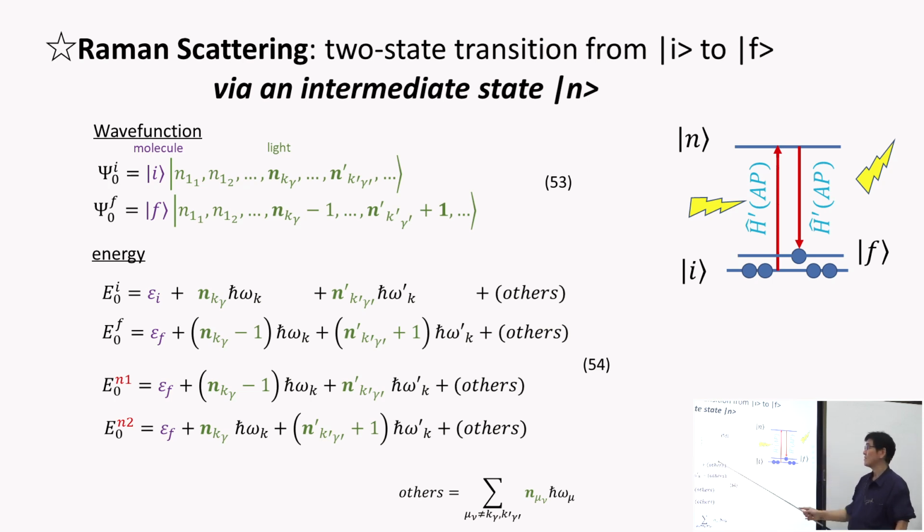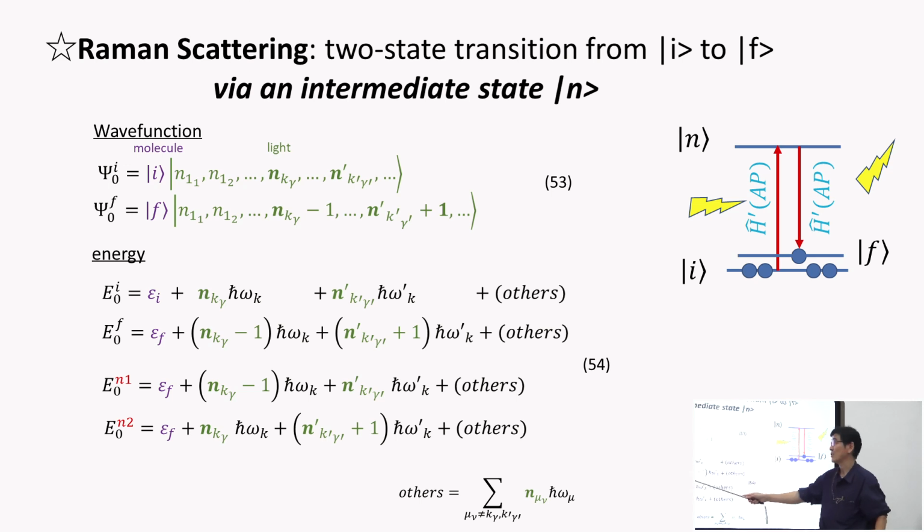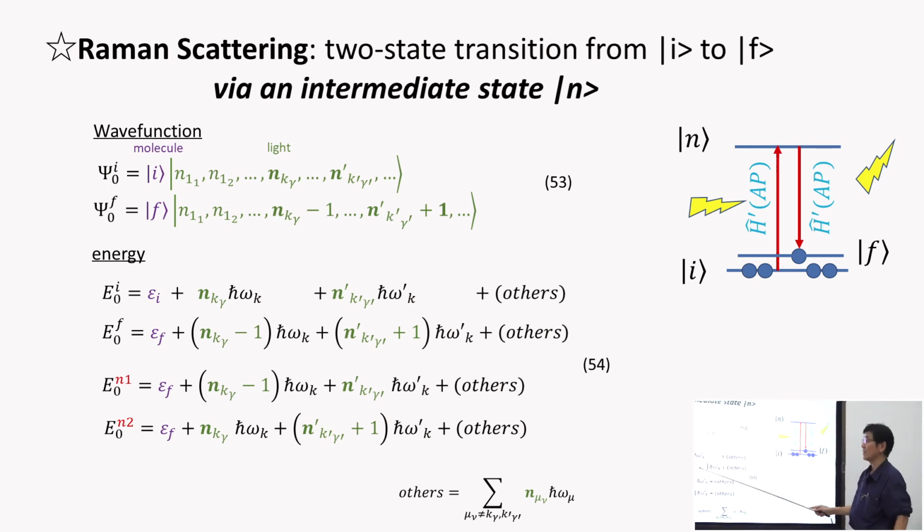And the others, let's ignore or sum up as others. Then the initial state is the sum of the energy of the molecule plus the energy of the light. In the final state, something decreases 1, something increases 1, and the energy is that of the final state.